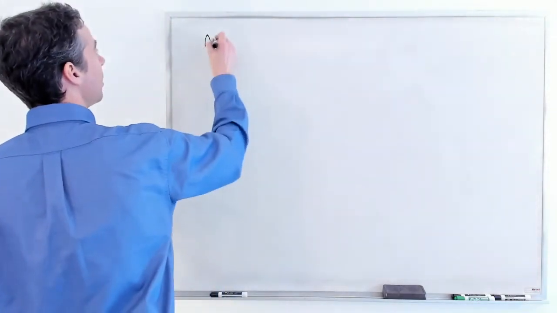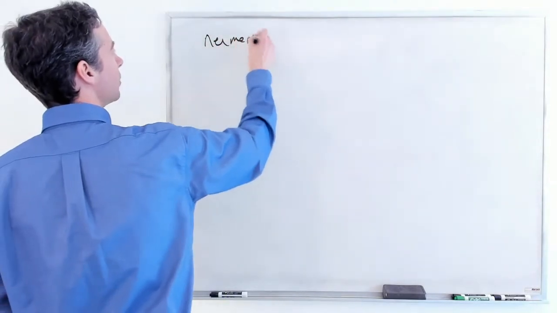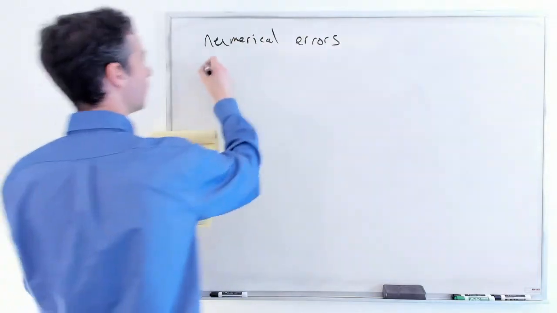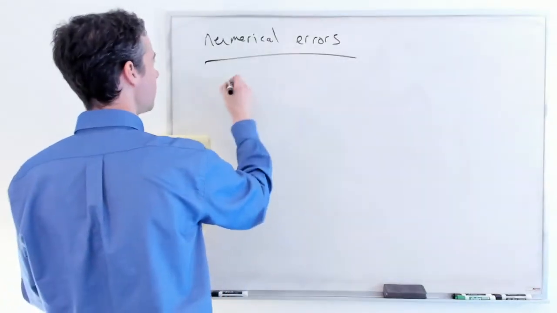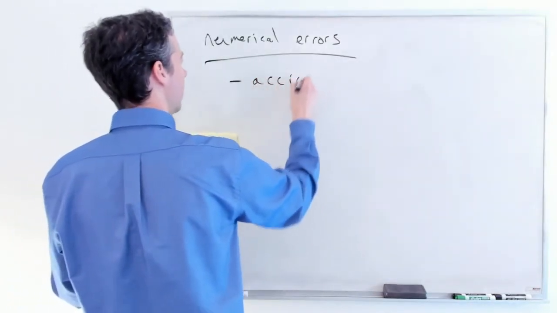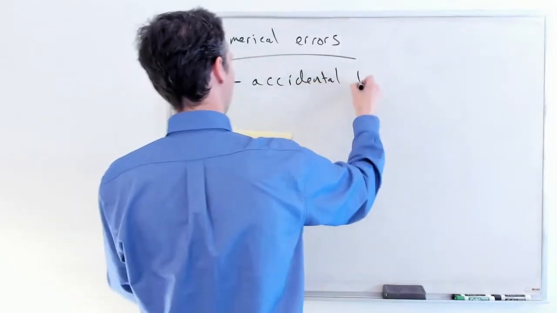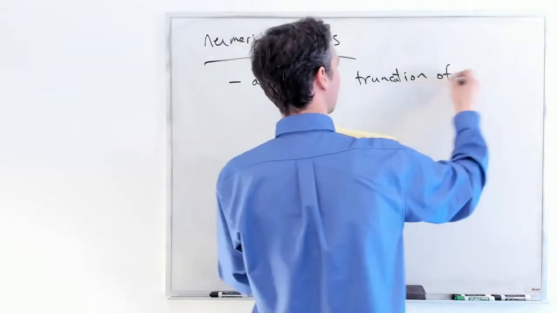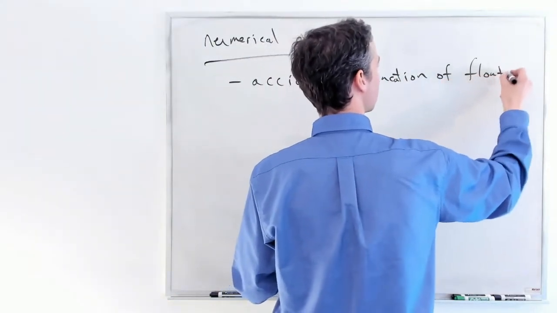It's real common to have all sorts of numerical errors that we have to look for. So you'll see people make accidental truncation of floating point numbers to integers.